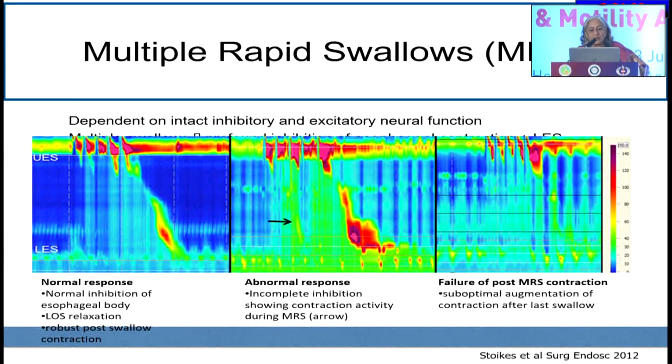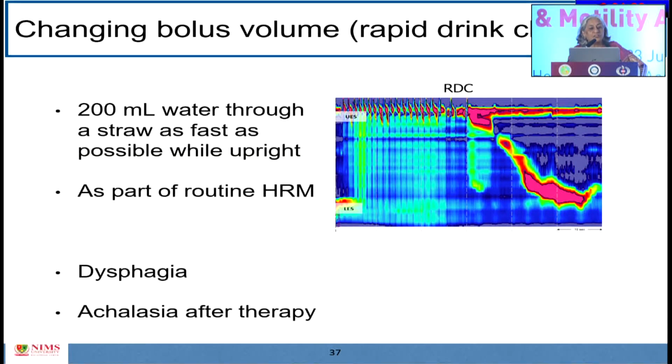But this can also be checked in patients with achalasia as well as in patients with diffuse spasm or distal spasm, where you can see that there is a lack of inhibitory function and the patient will have an additional contraction there. The other thing to do is change the bolus volume. If you change the bolus volume, that is when you really challenge the esophagus.